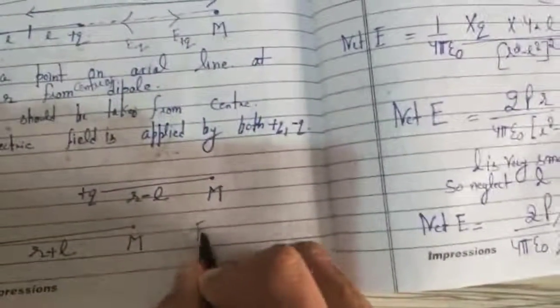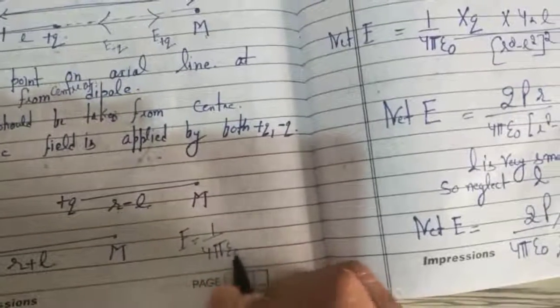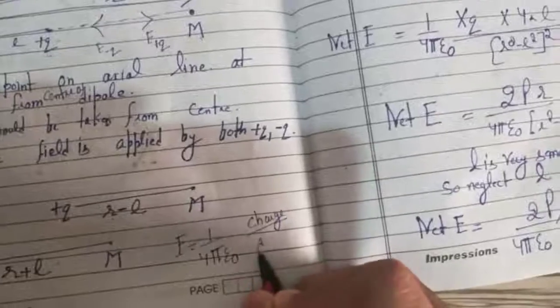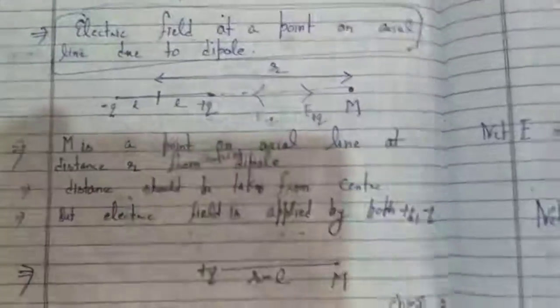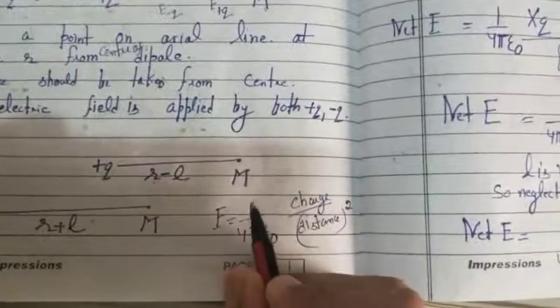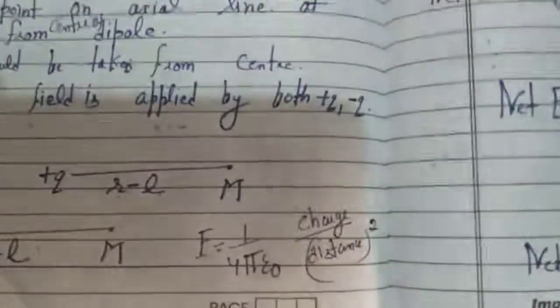You know that the electric field due to a point charge is 1 upon 4 pi epsilon naught times charge upon distance square. Plus Q is applying an electric field and minus Q is also applying an electric field.